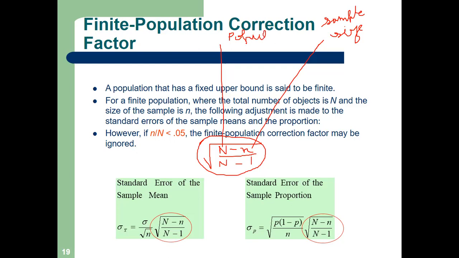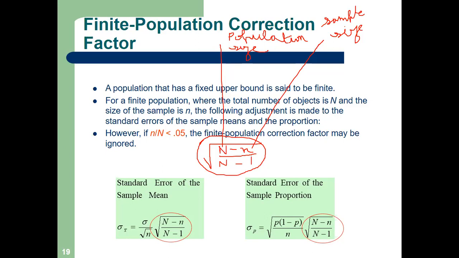So small n is sample, capital N is population. I have been telling you from the first session that notation for sample and population are different.